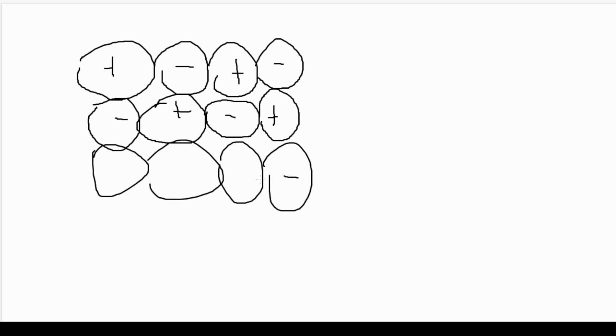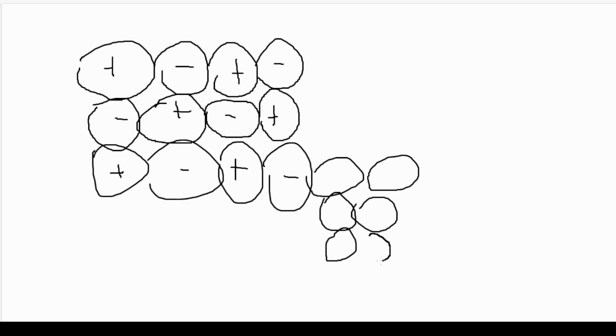Here we'll say this is part of the crystal, and then there's another part of the crystal down here that's not continuous with the rest of it: plus minus minus plus plus minus. When they give you a picture like this, it just means that the crystal's been fractured or something like that. It's really random. I think I've only seen it come up once, maybe twice, but just something to be aware of.